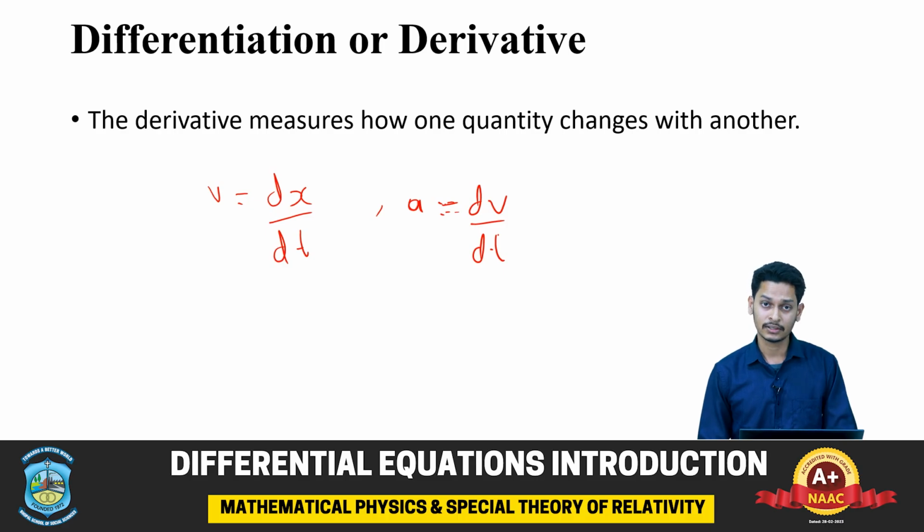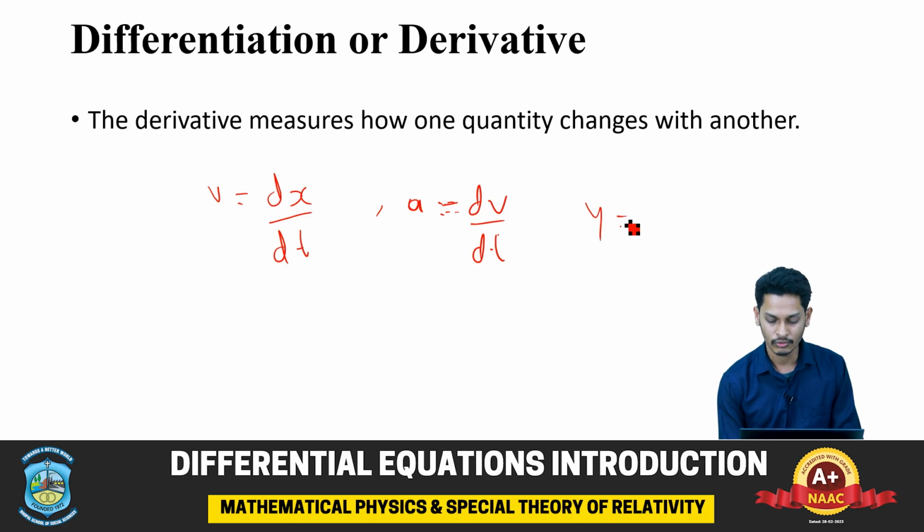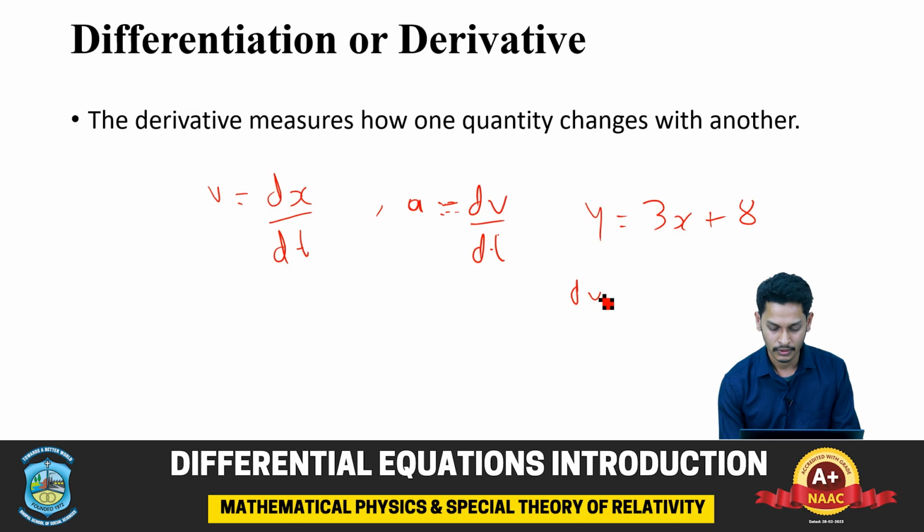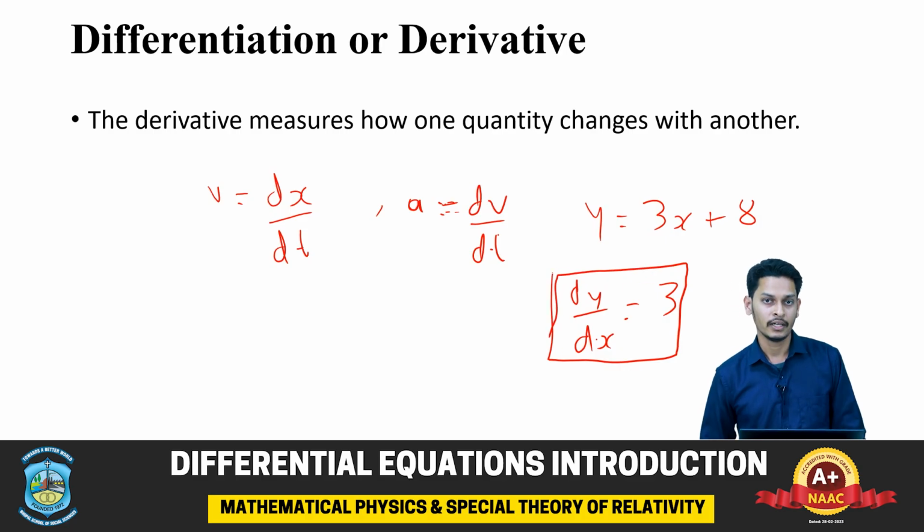Let us again consider the first example, y equals 3x plus 8. Now, if we differentiate this equation, we get dy by dx equals 3. So, here we can see that y is changing with respect to x. This is the simplest form of differential equation we can get.